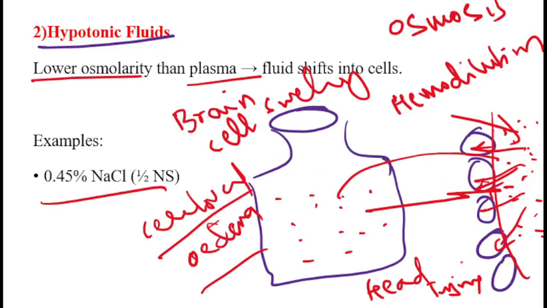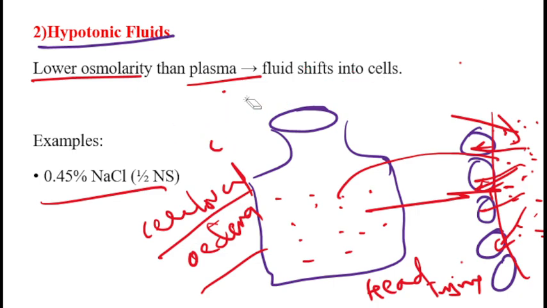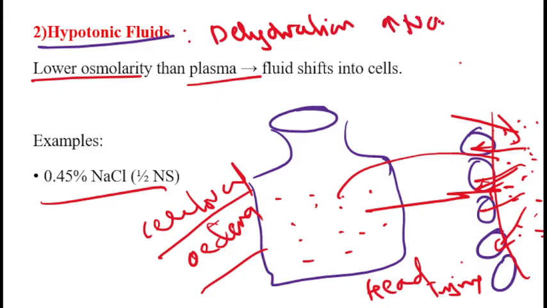In which condition are these fluids administered? The indication: these hypotonic fluids are mainly administered in the case of dehydration and hypernatremia. Dehydration means the fluid content in the body is less, and hypernatremia means an increased sodium level in the blood.